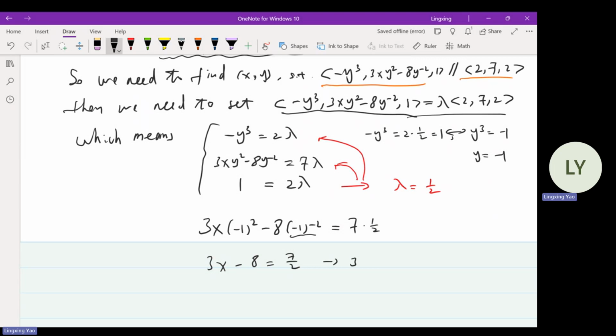Okay, so this means 3x equals 7/2 plus 8, which is 7/2 plus 16/2, which is 23/2. Is that right?